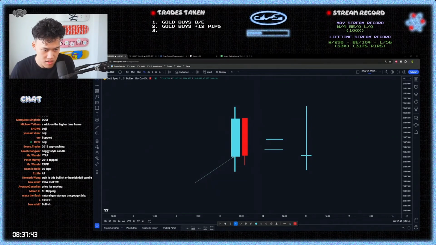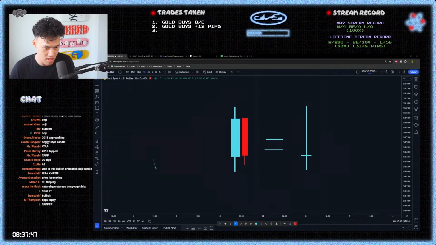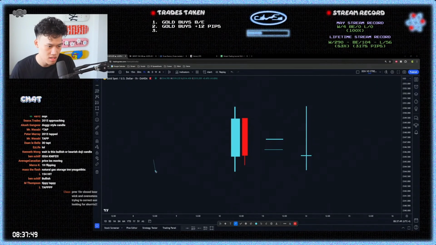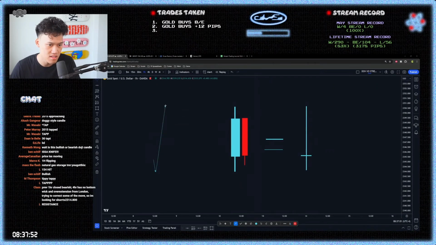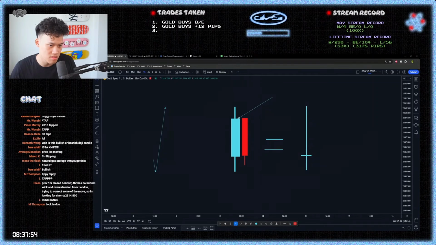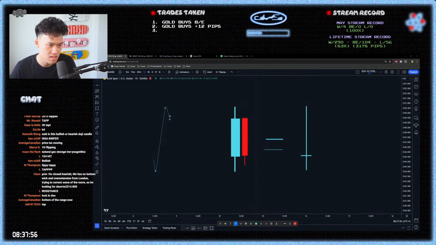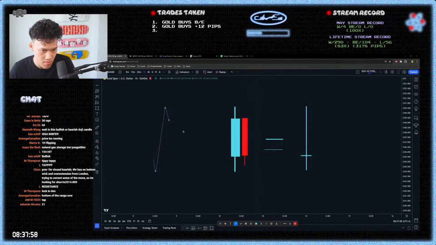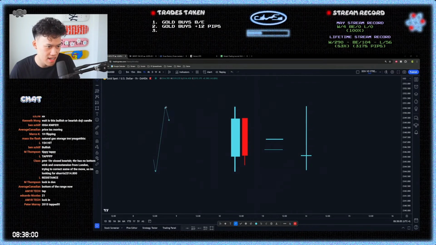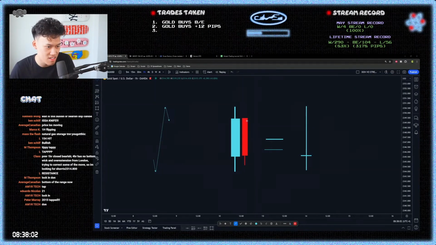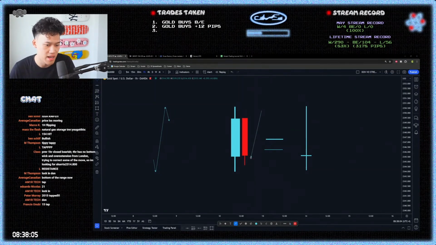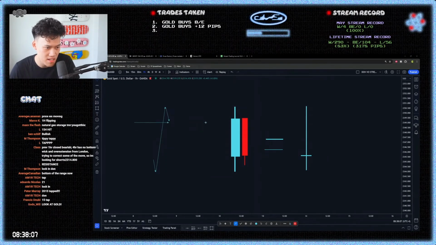You opened up here, all right? So if you opened up there, this is where you opened up. You came down and made a low, right? You came down, created a bottom wick. You came back up to make a high, which was here, and then where'd you close? Right here. So then you're looking like this. So what's being printed now? These are higher highs, higher lows, right? But then the next candle, what does it do? It ends up coming back into the range. So therefore, what happens now?